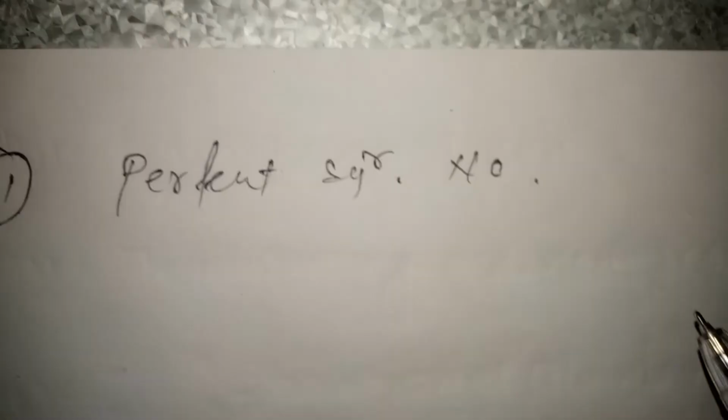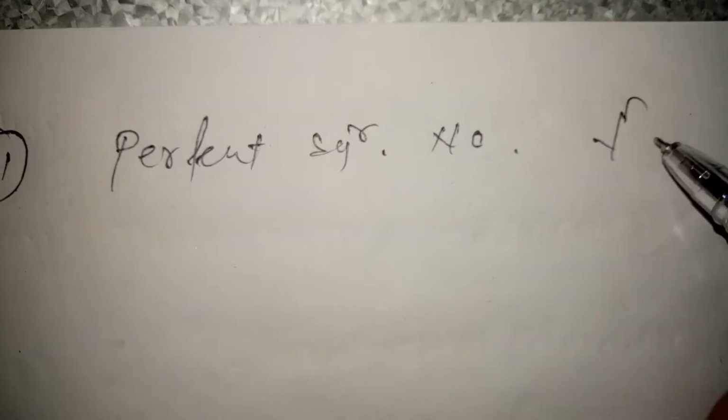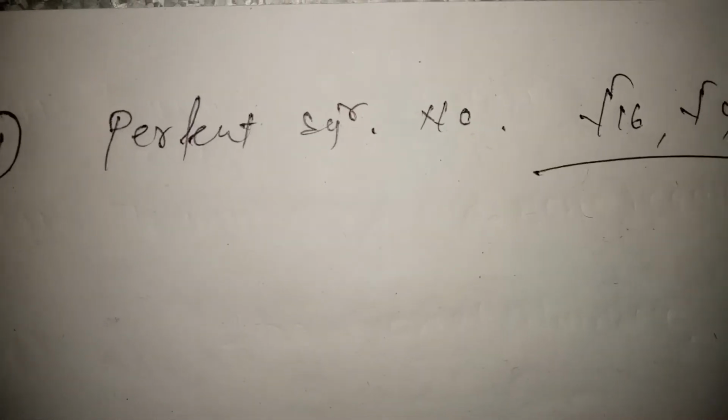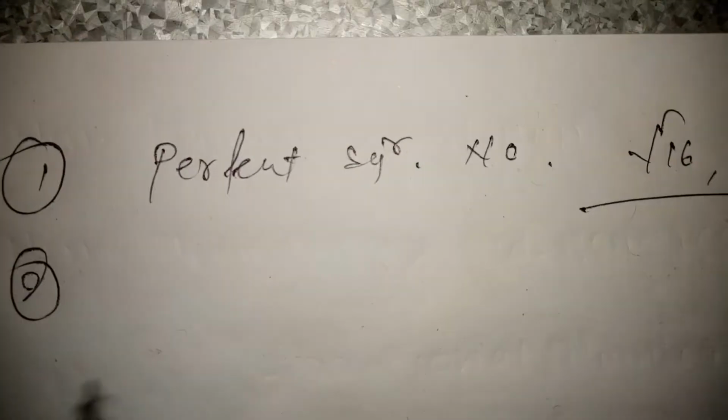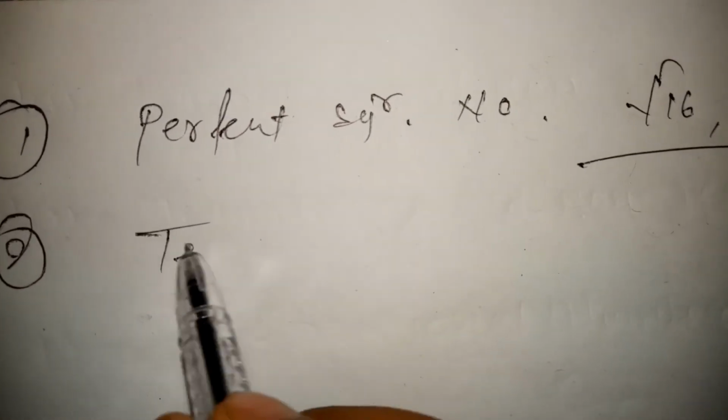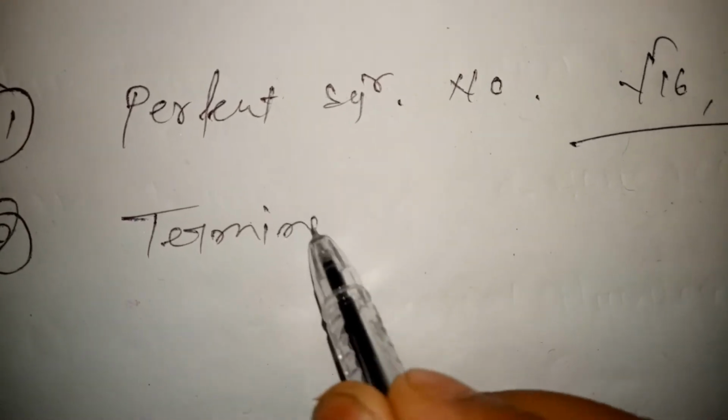So to be a rational number, what we have got, it needs to be, number 1, a perfect square number. Perfect square number means you got it like this: under root 16, under root 9, all are perfect square numbers. Number 2, it should be terminating.